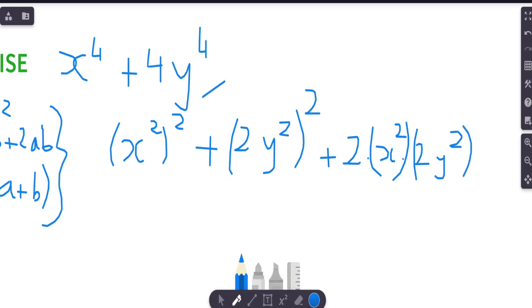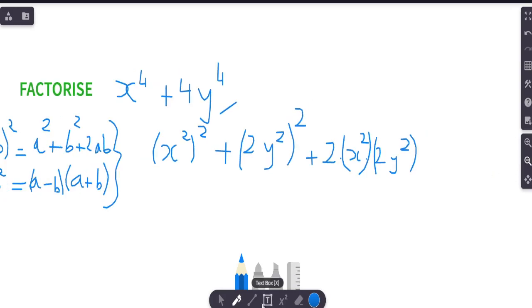So the trick here is to remove the term, because we added it to the sum, so we have to subtract it. So minus 2, and let's calculate. It's 4 x squared times y squared. So let's write minus 4 x squared y squared. Okay.